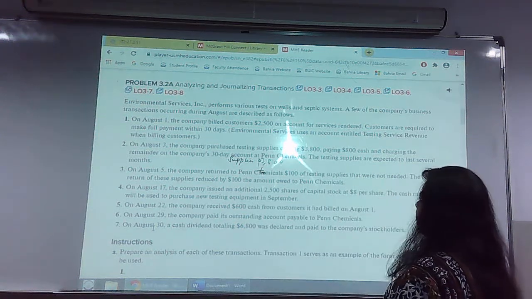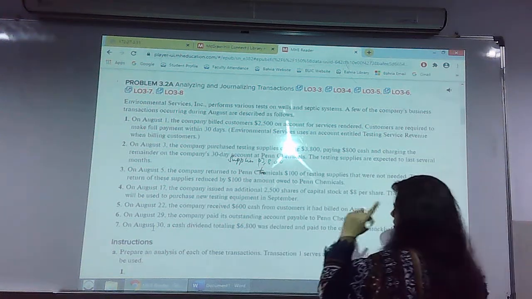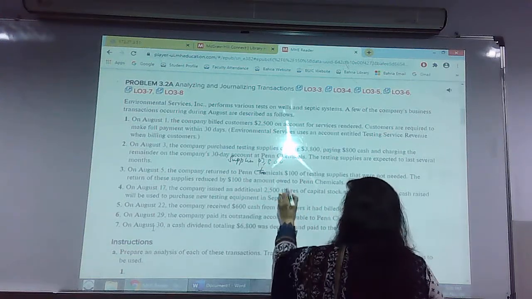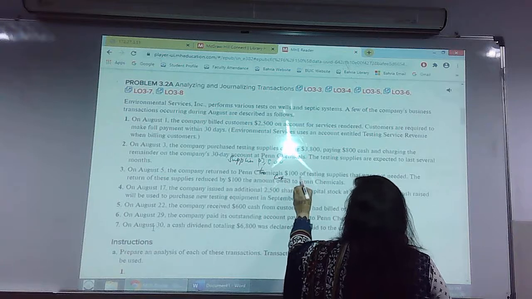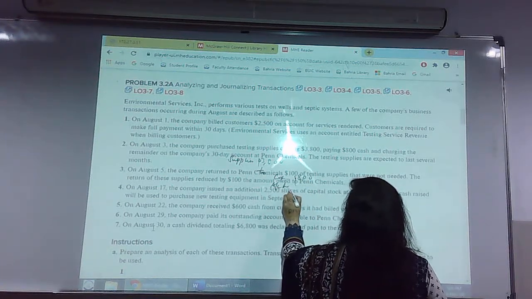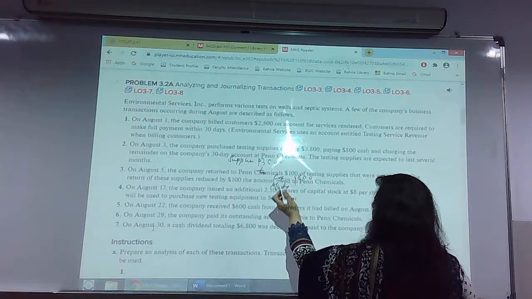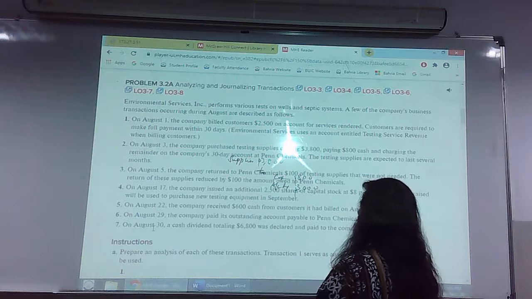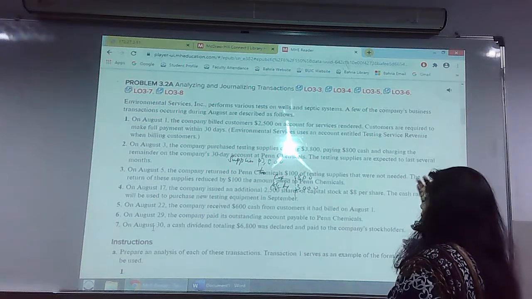They paid cash $800 and charged the remainder to account. Now it's not notes payable. Okay, so to cash, it is $800, and accounts payable, which is the remaining amount of 3,000. Okay. Now you have to remember this transaction.